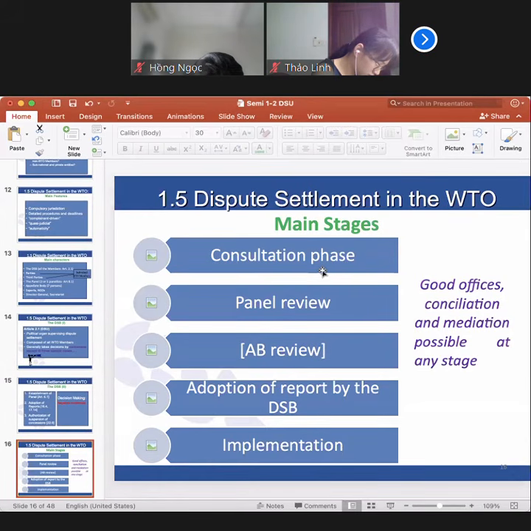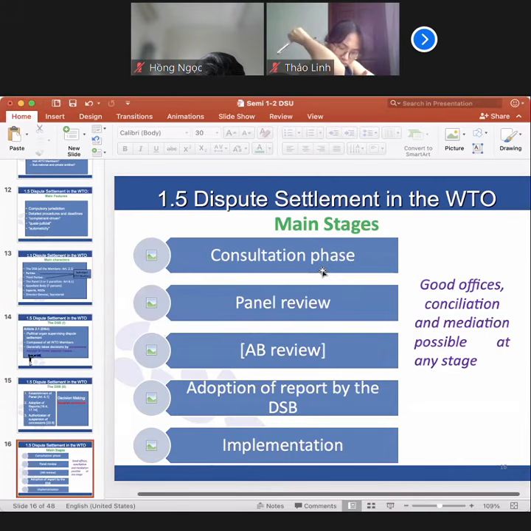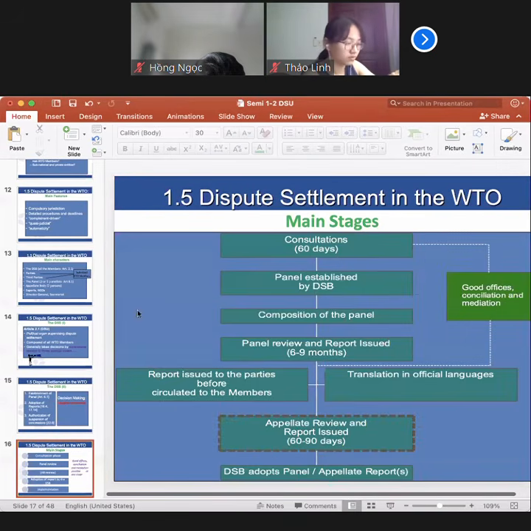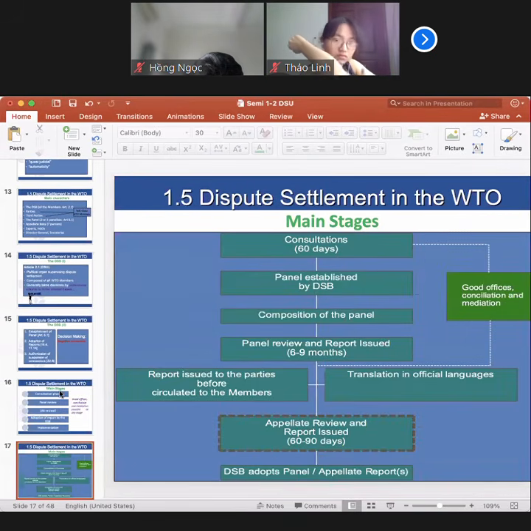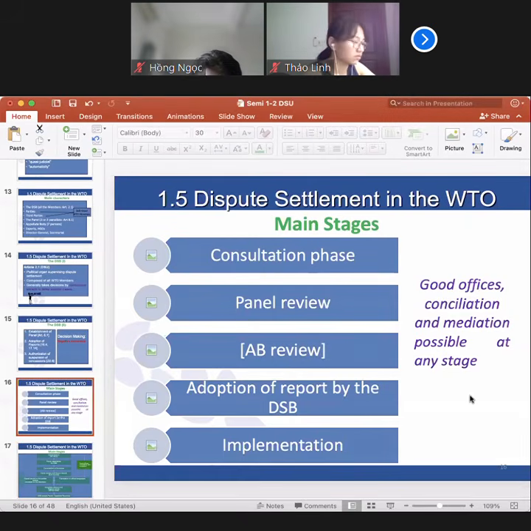And then when they finish this step, the result is going to be the report prepared by the panel or the AB, and so we need a step of adoption by the dispute settlement body. But you all know that this step is automatic, and so when we have the judgment, it's going to move to the implementation stage.